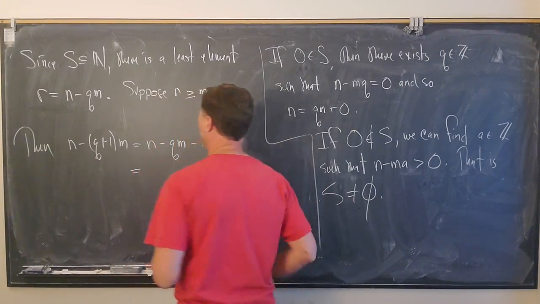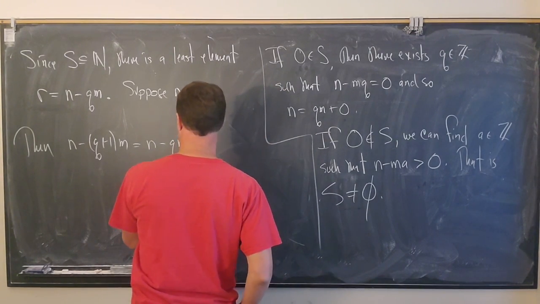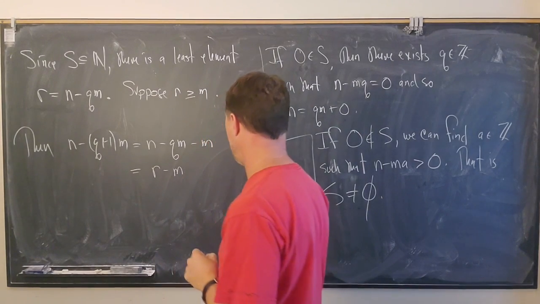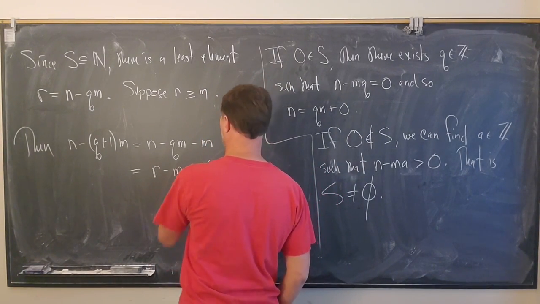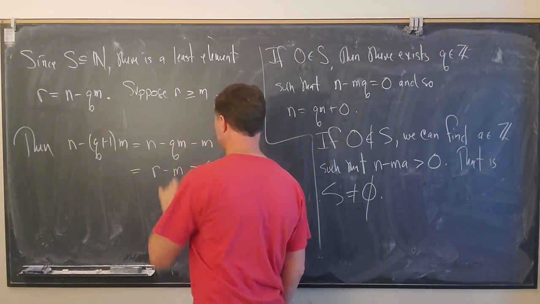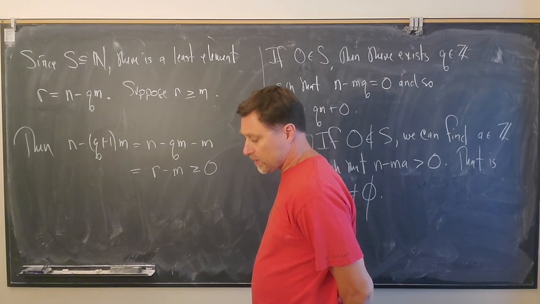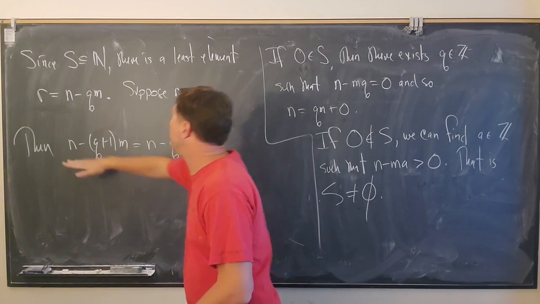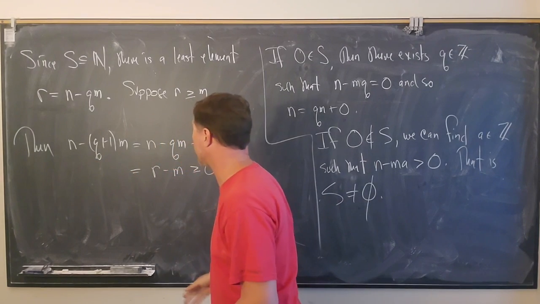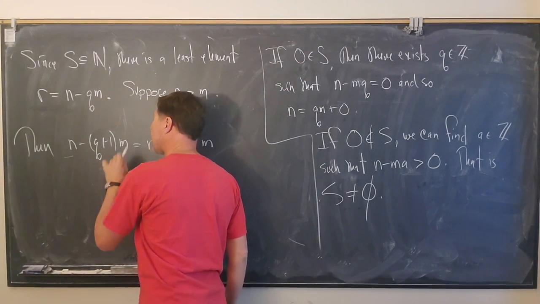which is equal to, oh, now notice n minus qm, that's r. And r minus m is greater than or equal to 0. So what does that tell us? It tells us that this element right here is an element of S, right? It is of the form n minus integer times m, right?